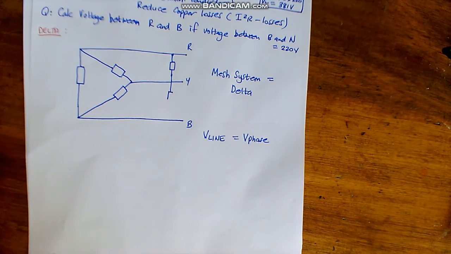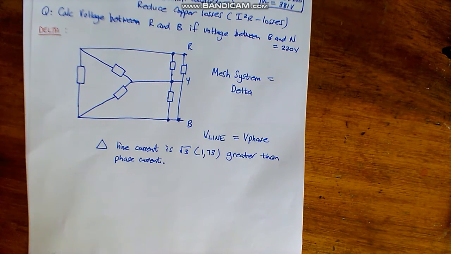Line currents are displaced 120 degrees apart in time. Line currents lead the phase current by 30 degrees.